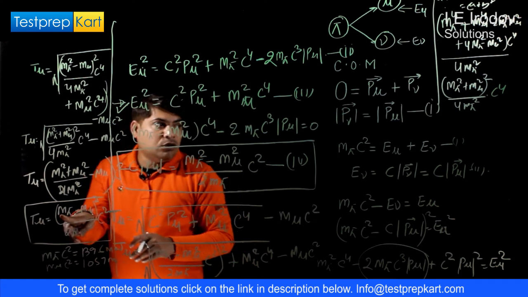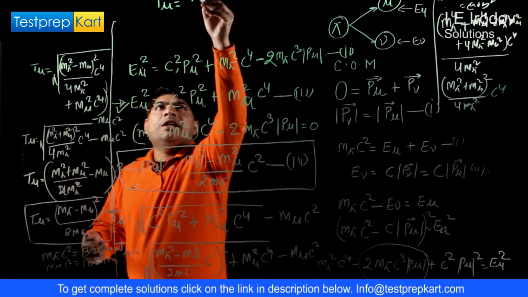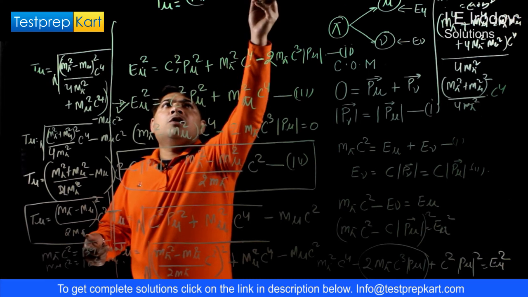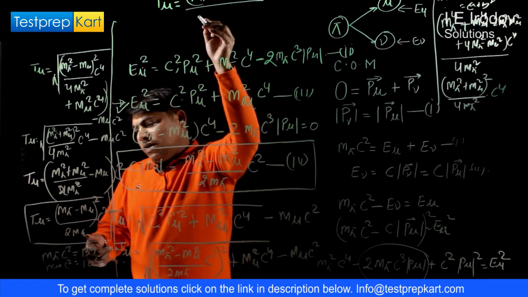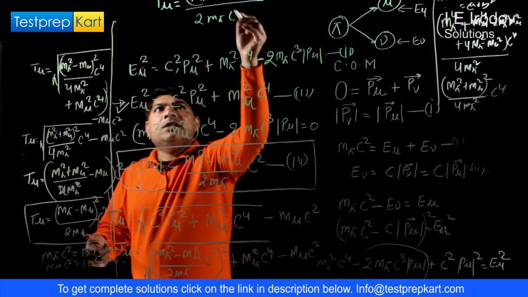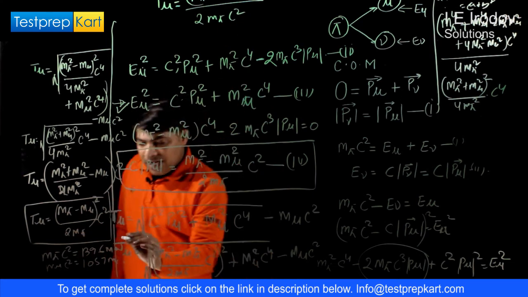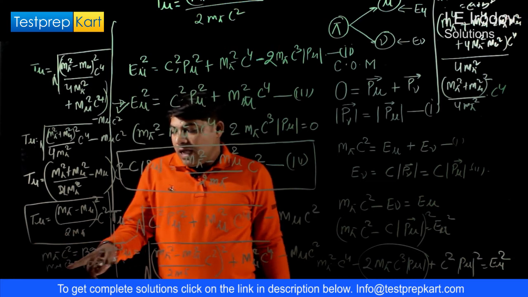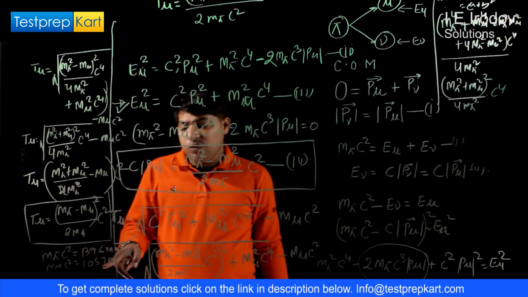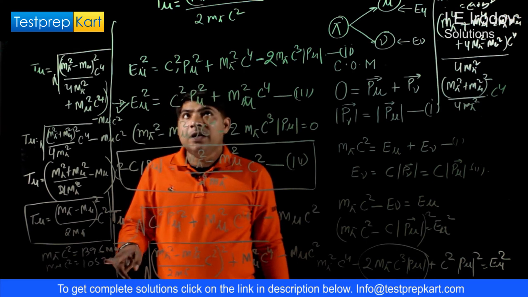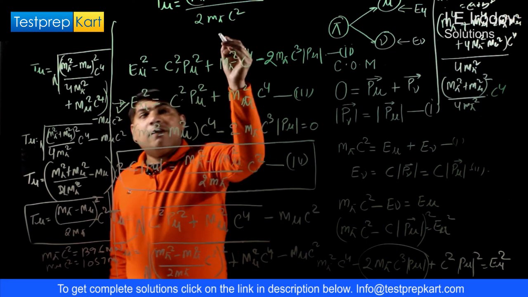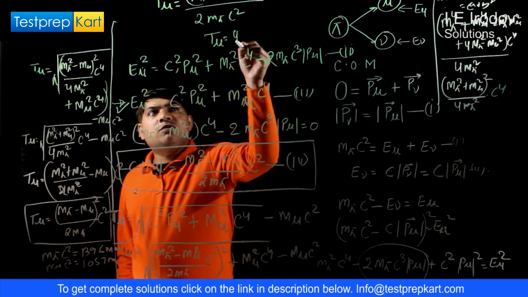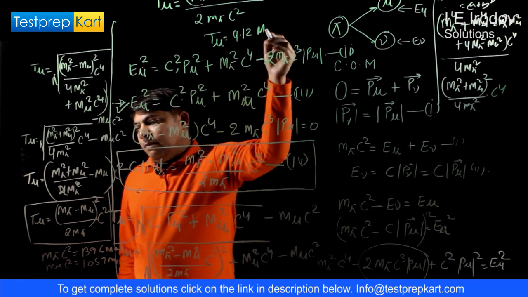Then (m_pi c² minus m_mu c²) whole square divided by 2m_pi c². These values are known: m_pi c² is 139.6 MeV and m_mu c² is 105.7 MeV. Now we can substitute here, and after calculation we'll get the total energy of the muon equals 4.12 MeV.